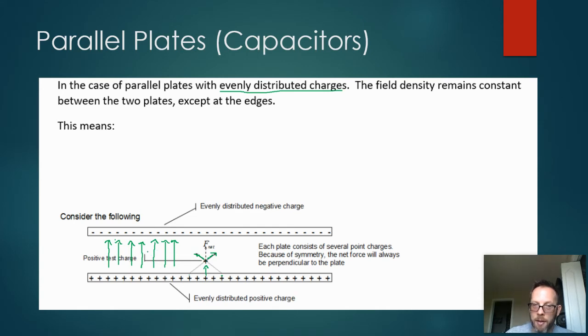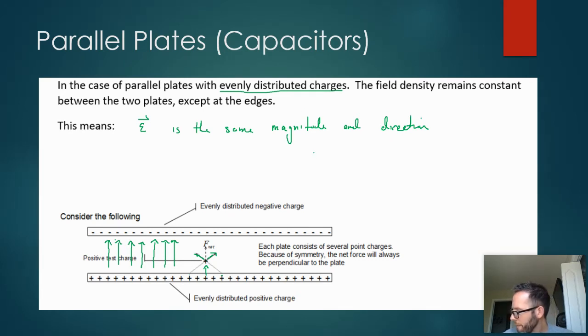Well, in this case, because of the symmetry all the way within the parallel plates, the electric field is constant. So this means the electric field vector is the same magnitude and direction everywhere between the plates.